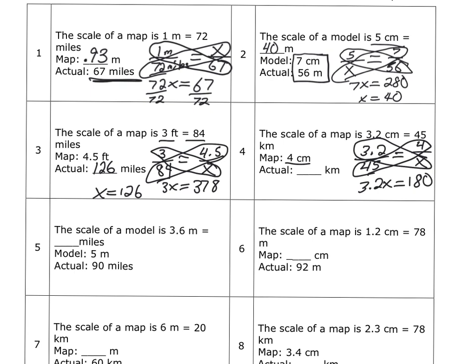Divide both sides by 3.2. And because there's only 2 decimal places, I leave it as that. 56.25 kilometers. So 4 centimeters on the map is actually 56.25 kilometers.